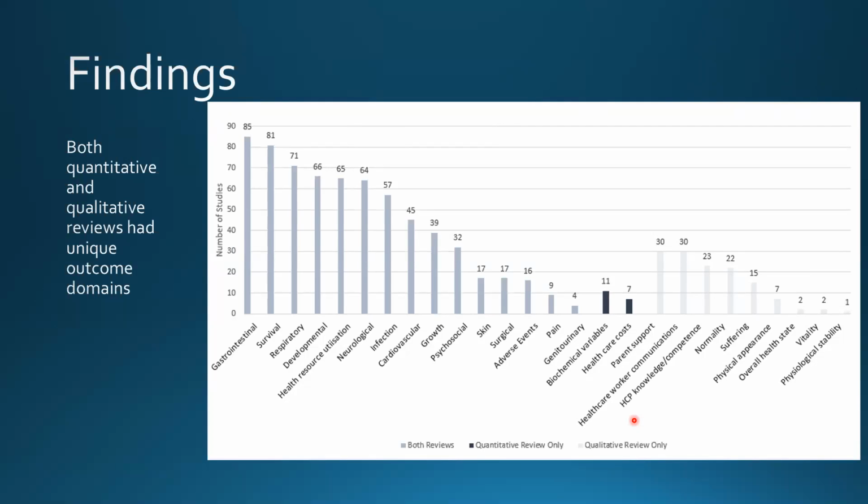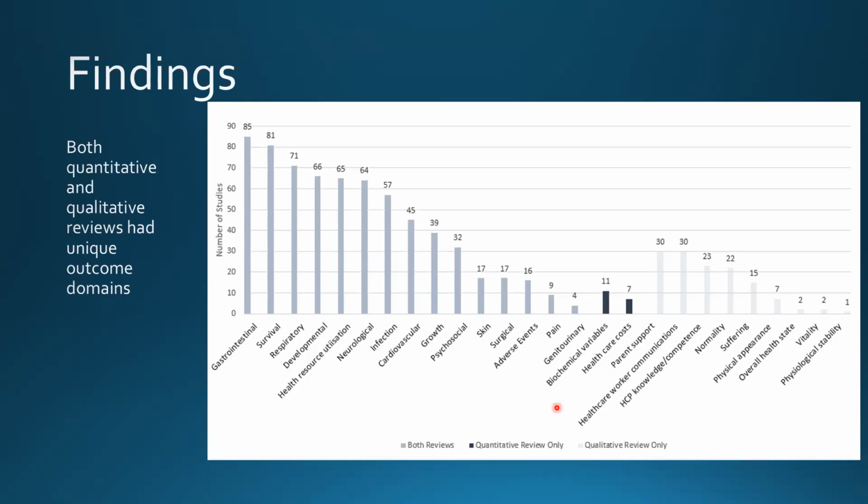It identified outcome domains or issues that were unique to it and that weren't found in the quant review. The quantitative review identified biochemical variables and healthcare costs as unique outcome domains that weren't identified in the qual review. And there they are.